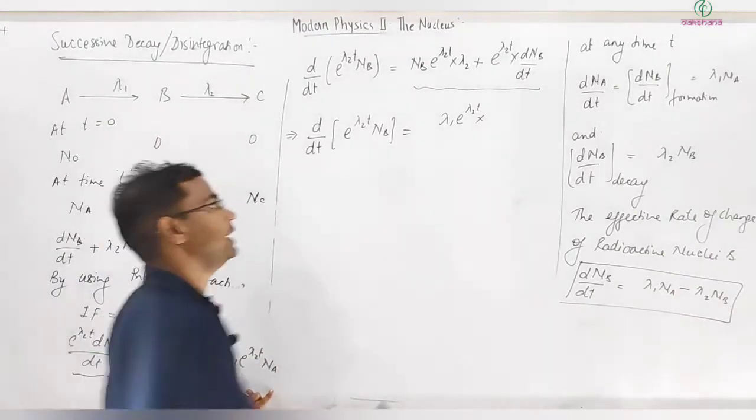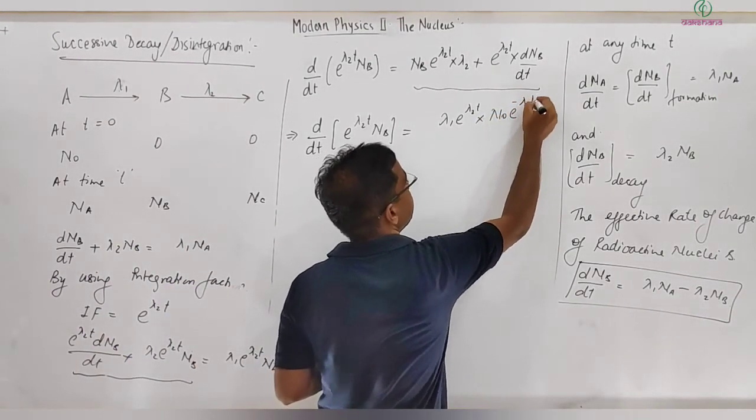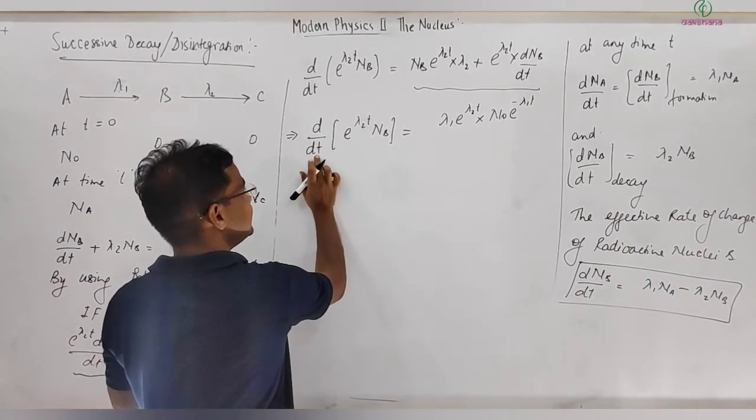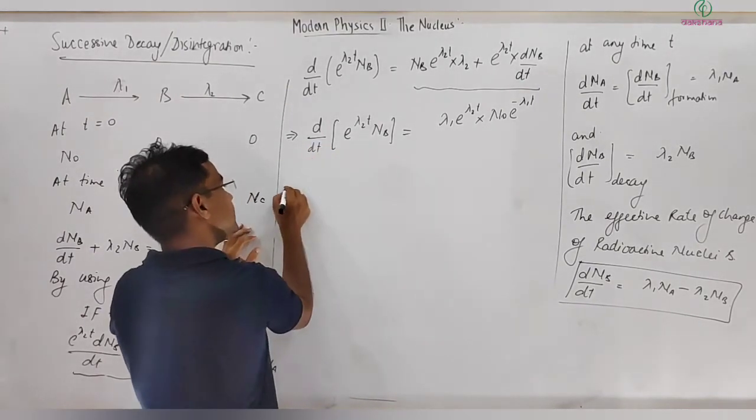We already got nA is equal to N naught e raised to power minus lambda 1 into t, right? And now I can multiply by dt, then I am left with, let me solve it in the next step.